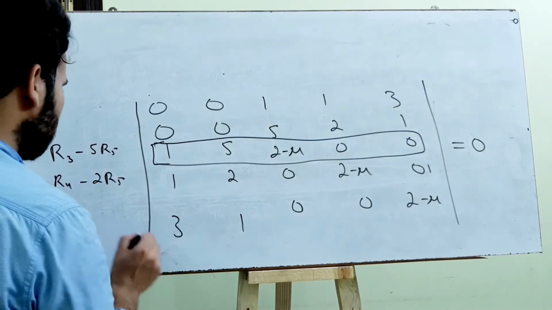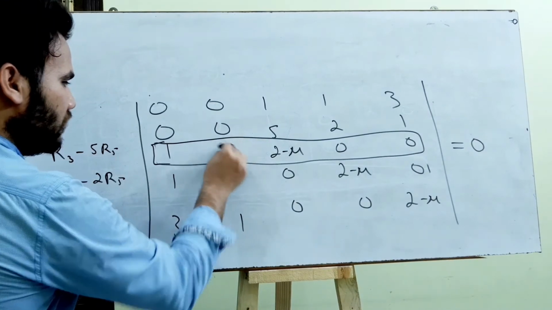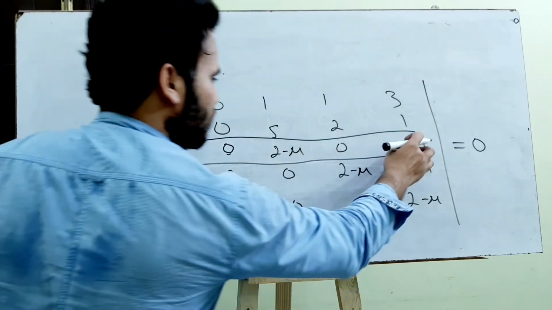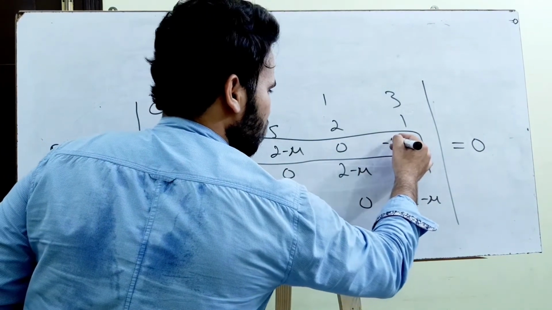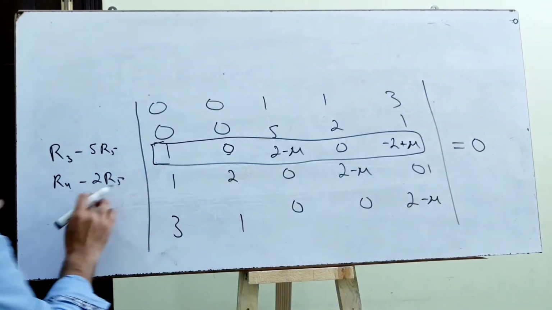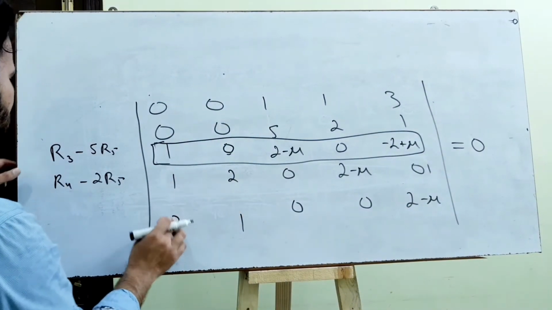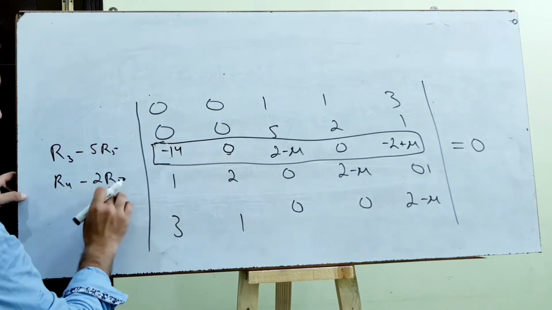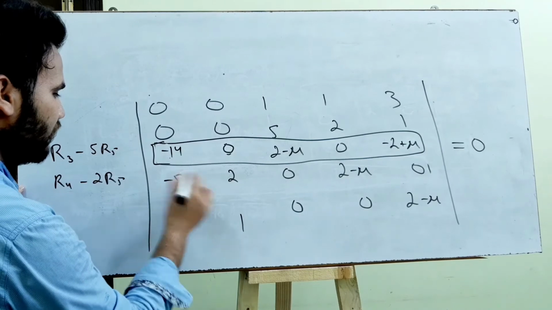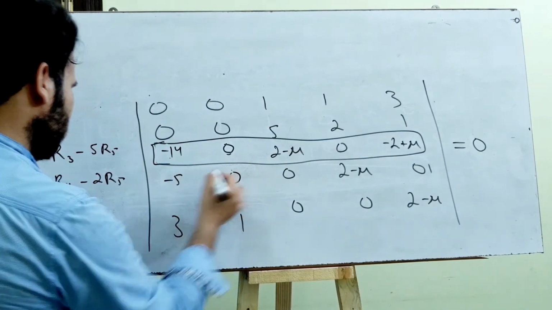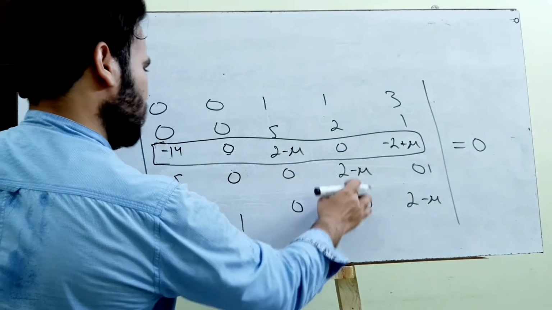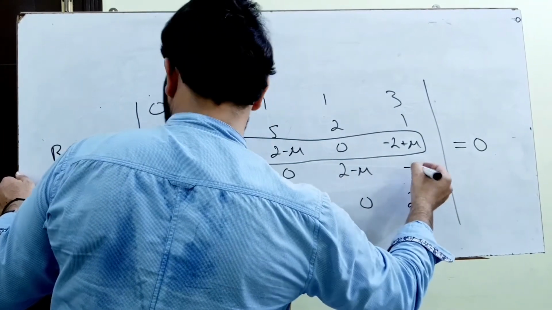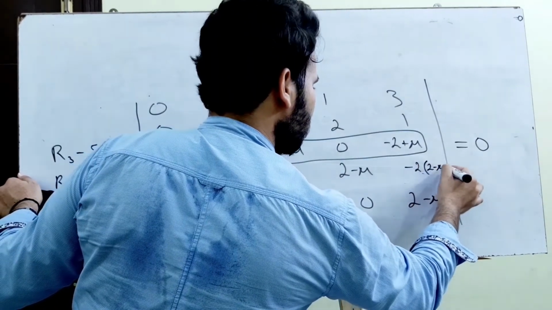So let's make the changes. So this will be 0, this will be same, this will be same, and this will be minus 2 plus mu, and in this row 3 here will be minus 5, 3, 15, so here will be minus 14, and in this row this will be minus 5, this will be 0, 0, 0, and 2 minus mu same, and minus 2, 2 minus mu.